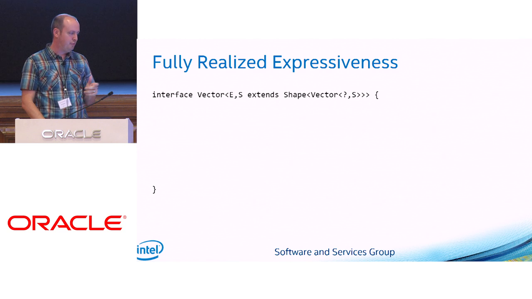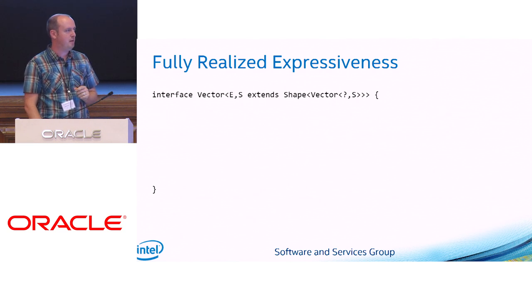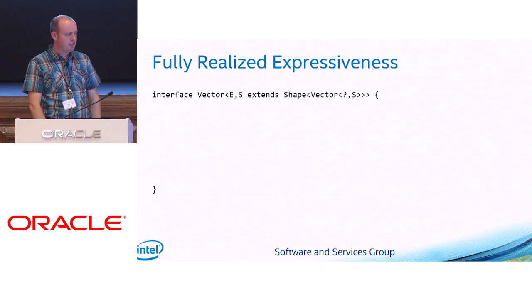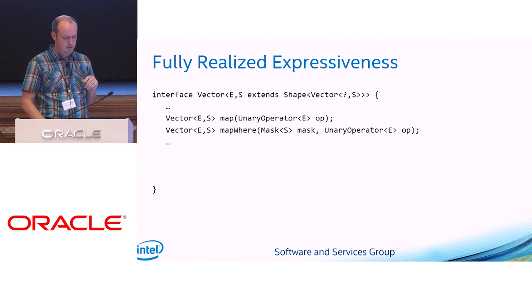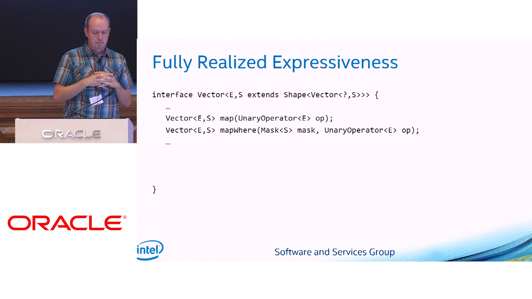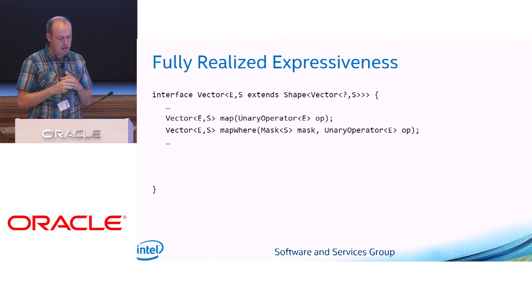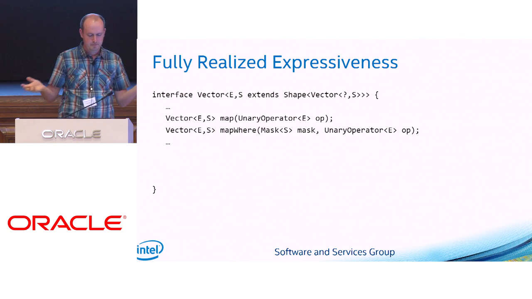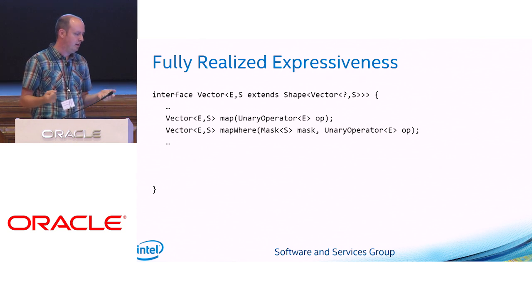And then the fully realized expressiveness of the API, where I think some of the particularly interesting stuff resides. You have map. Map takes a unary operator op and maps it over a vector, tweaking every element in the vector.